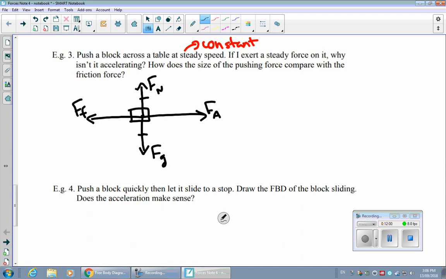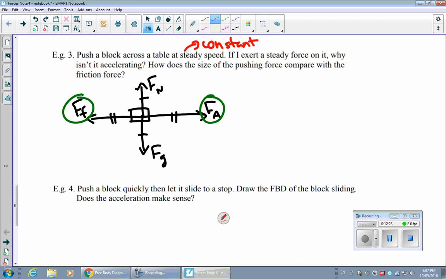If something is moving at a steady or a constant speed, that means all of its forces must be balanced. So if there's an applied force, it must be equal to the frictional force in this case. So I'm actually going to add two little tick marks to both of them, because what we're also seeing is that whatever the applied force is, the frictional force must be equal to it to completely cancel it out.